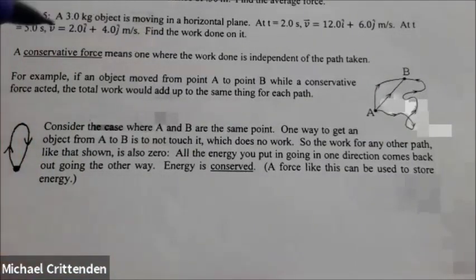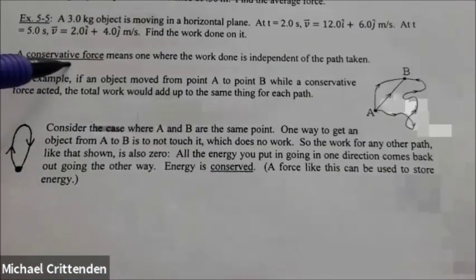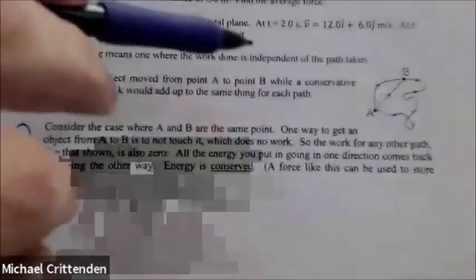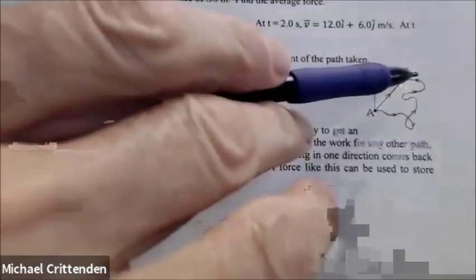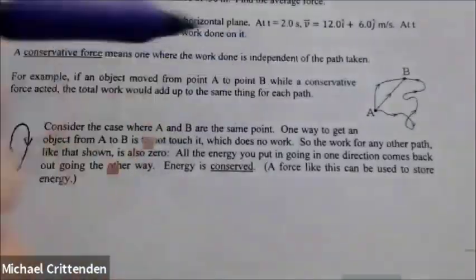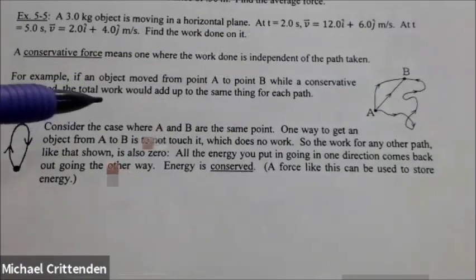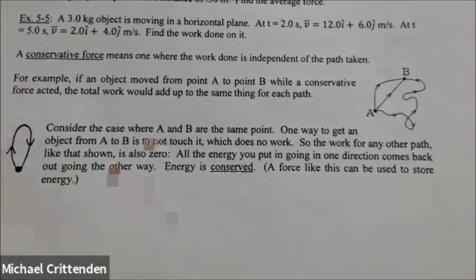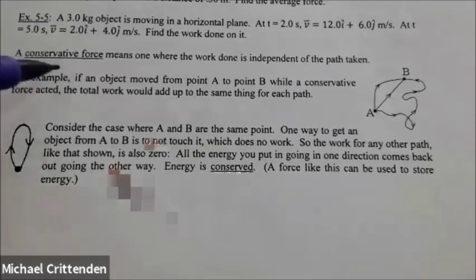Friction, on the other hand, is an example of a force which is not conservative. You will find that it's more work to follow the longer path than it is to follow the shorter one. So anyhow, that's the basic definition. That's what the phrase conservative force means.